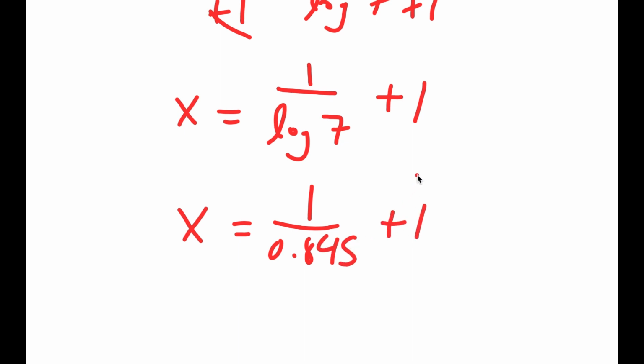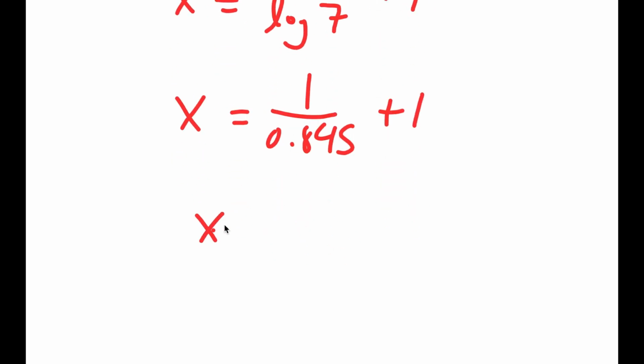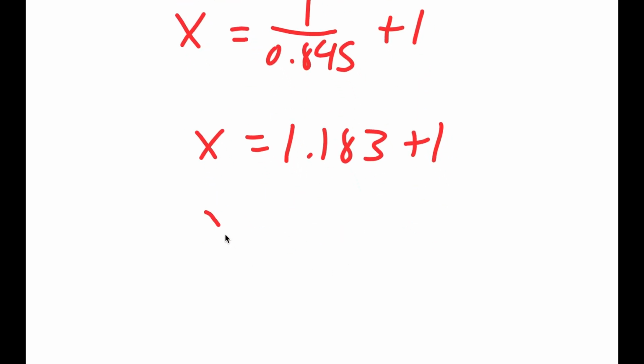So now I have 1 divided by log 7, and that's going to equal 1.183. So I have 1.183 plus 1, which is equal to 2.183.